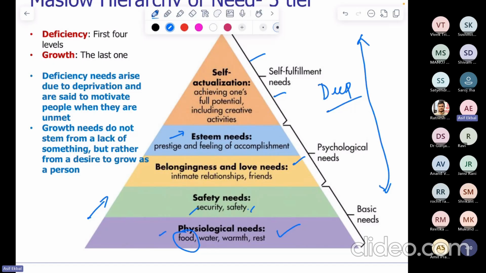Excuse me, sir. Sir, your voice is breaking again. The students are mentioning that it's breaking. Your voice is breaking. Yes, sir. It's not very clear.